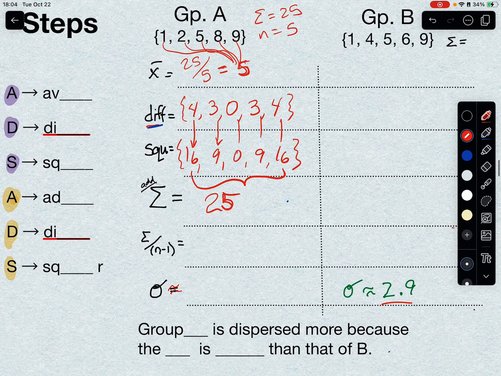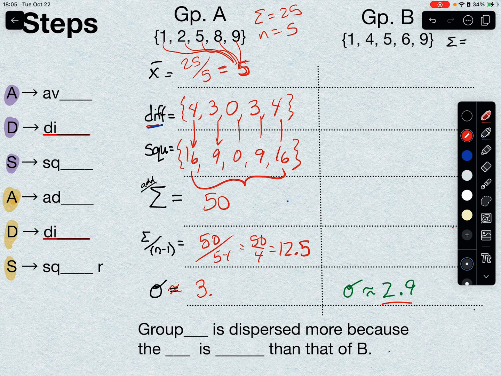Now I need to take the 25 and divide it by n minus 1. Whoops, that's not 25, I lied. That's 50. Good catch, people. So 50 divided by 5 minus 1. Oh, 50 divided by 4. 12.5. What is the square root of 12.5?